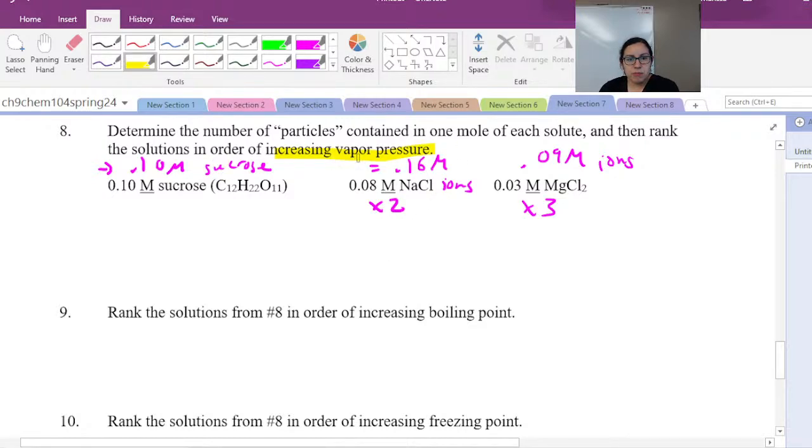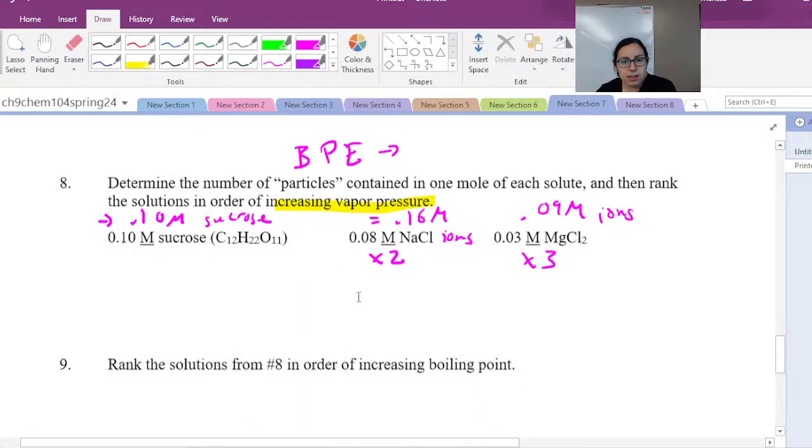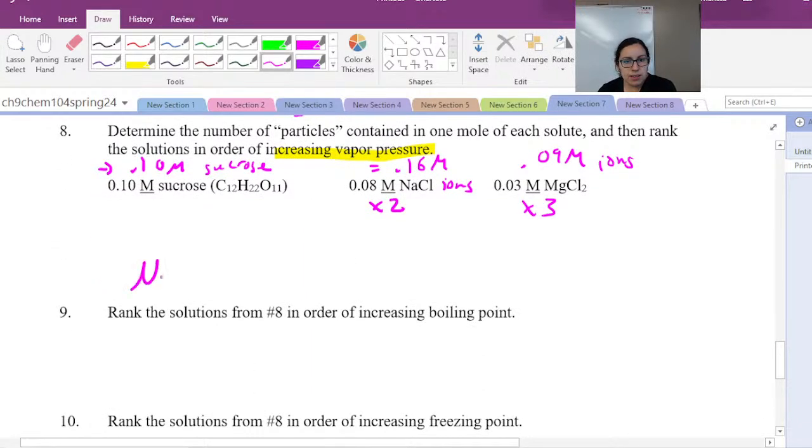So increasing vapor pressure, though. Remember, it's boiling point elevation, and this always gets confusing, too, right? More molecules is decreased vapor pressure. So sodium chloride is actually the lowest. This has the highest boiling point then, and maybe this helps us with 9.